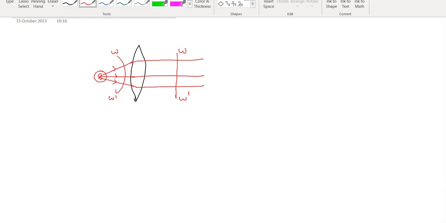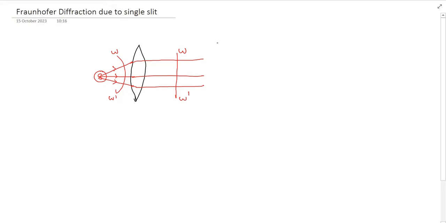Let us consider a slit of width e. Let us name this AB. AB is the slit whose width is equivalent to e.